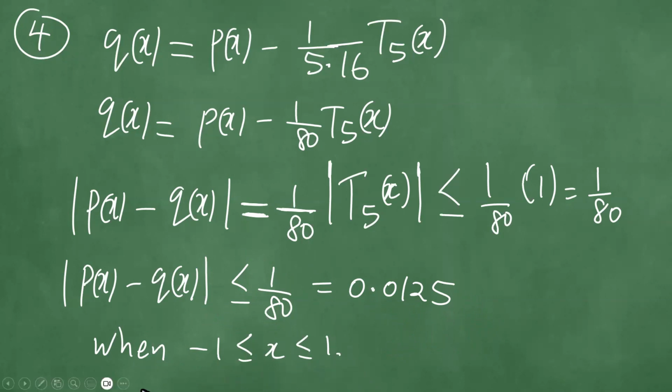So we're able to see the fact that the modulus of P of X minus Q of X has the maximum of 1 out of 80 when X lies between minus 1 and 1.